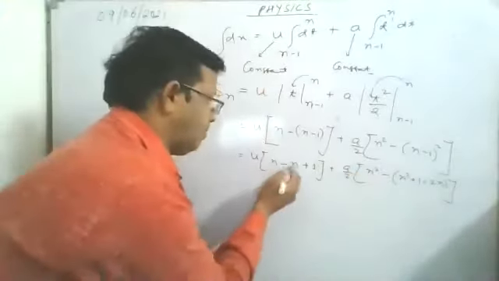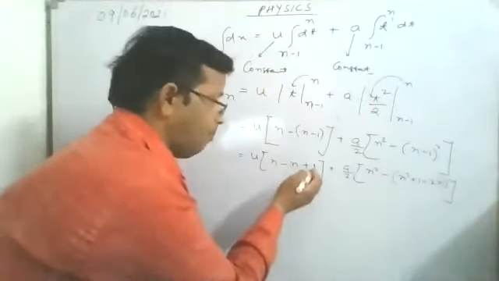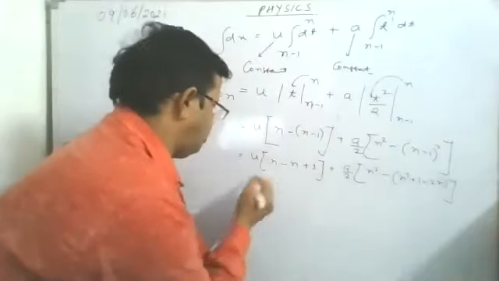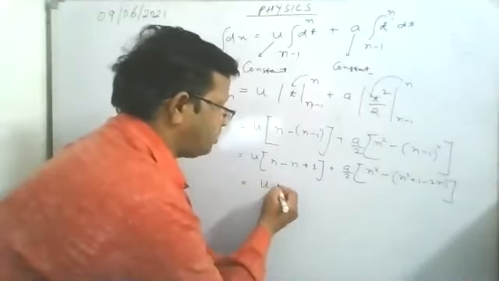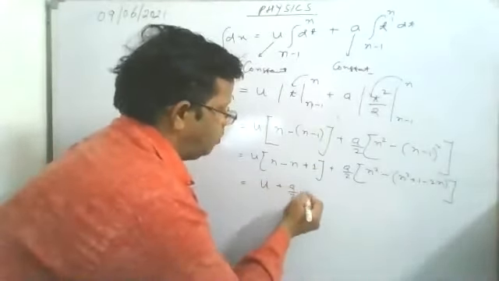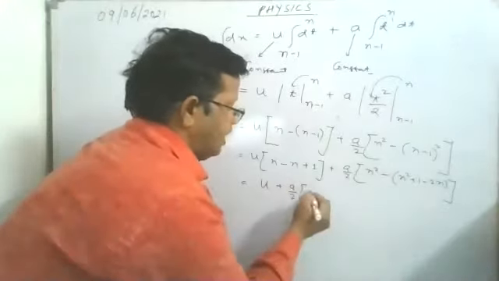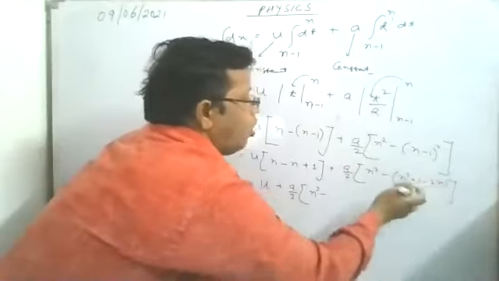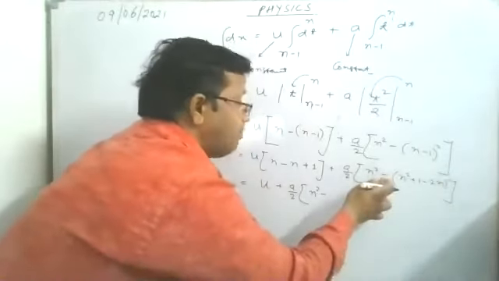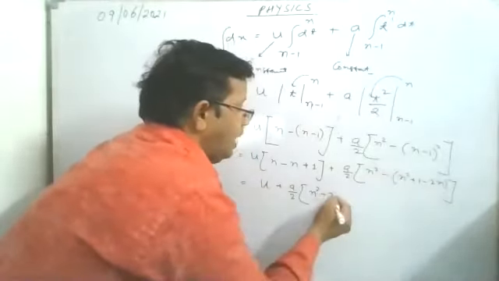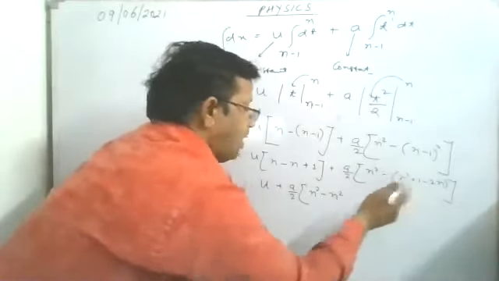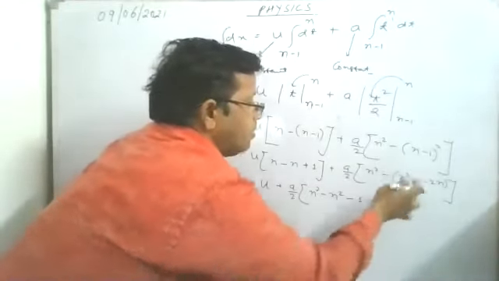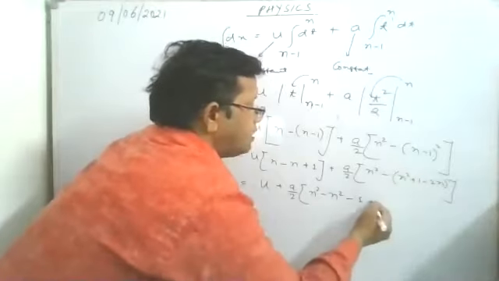Now open n minus n, 0 plus 1 remaining. U into 1 remaining plus a by 2. Now you see here, beta, n square minus... when we remove the bracket sign, all the signs change because there is a minus sign. So this is n square plus minus 1 minus plus 2n.